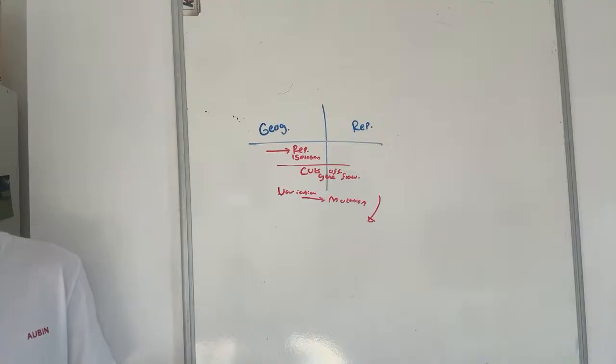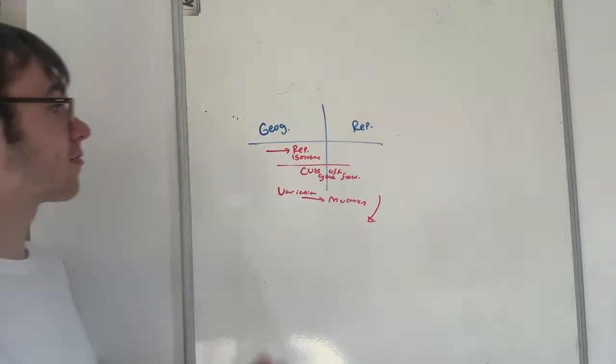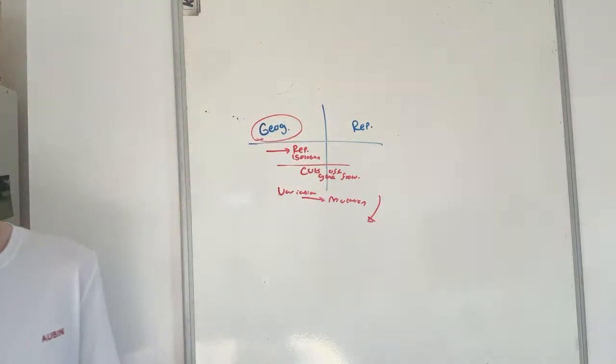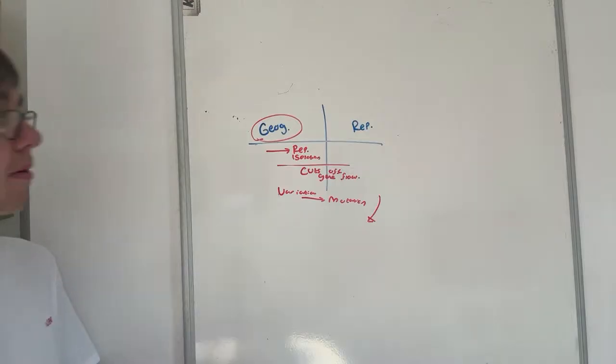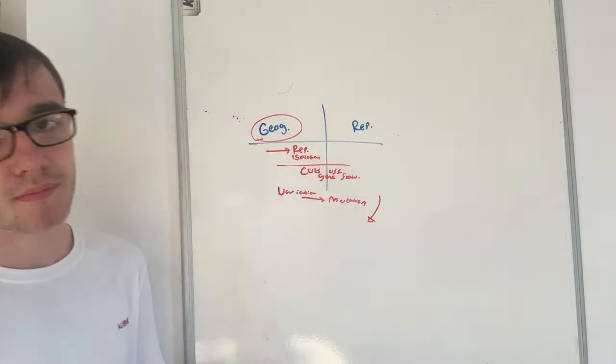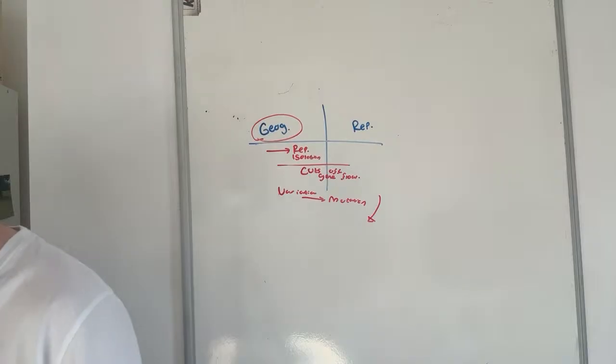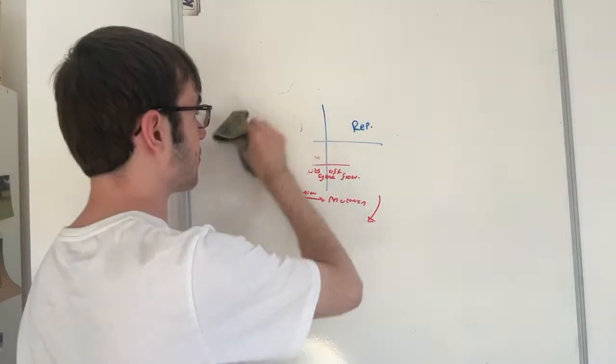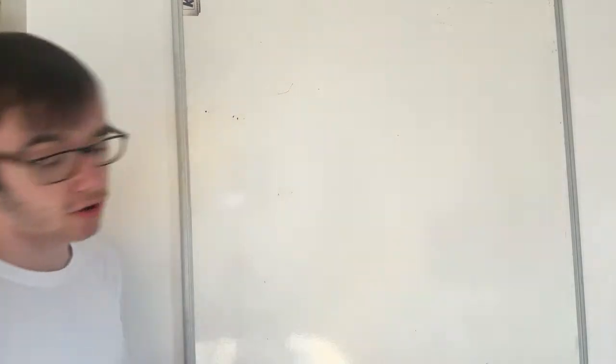Different alleles are passed on, and eventually a new species is formed. The only difference is reproductive occurs in the same environment, geographic does not. That's literally the only difference. And usually it's worth like 4 marks just to talk about this.